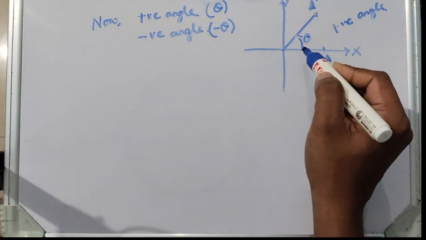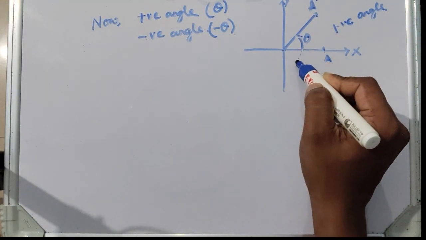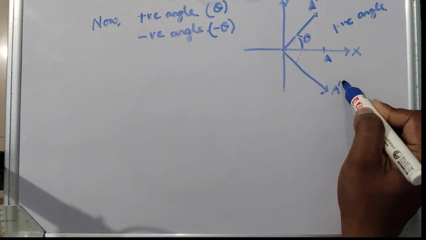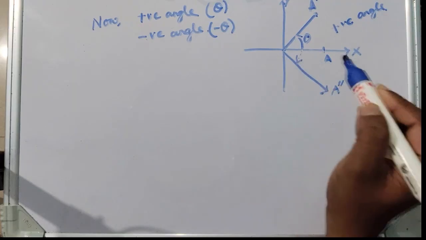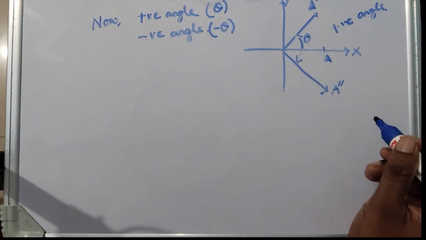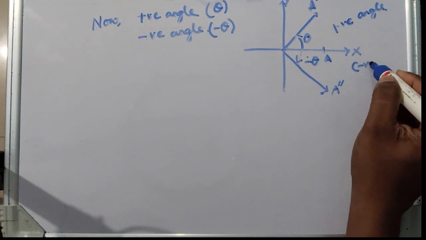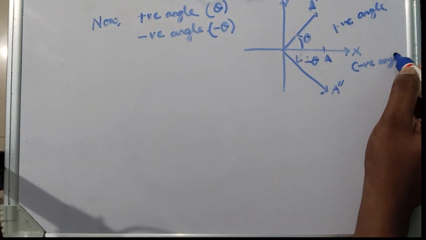Similarly, when this angle is rotated in a negative direction, let's say to A double dash, this angle is called minus theta or negative angle.